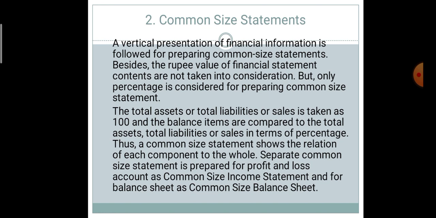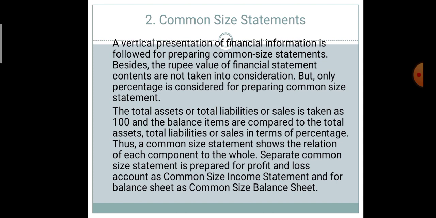A common size balance statement facilitates comparison of financial statements of not only a single firm over a time period but also comparison of financials of different companies for a given time. Under this method, all the items of the statement are presented as percentages or ratios of a particular item.